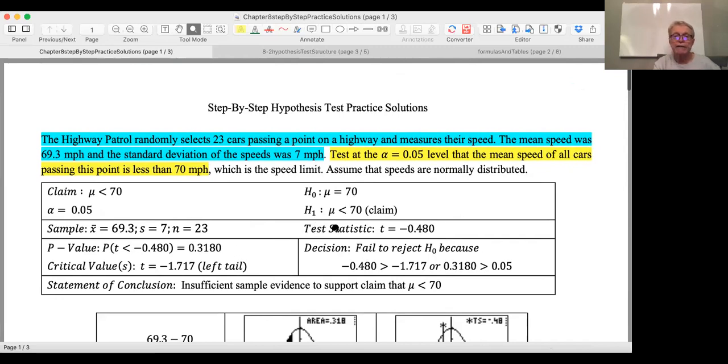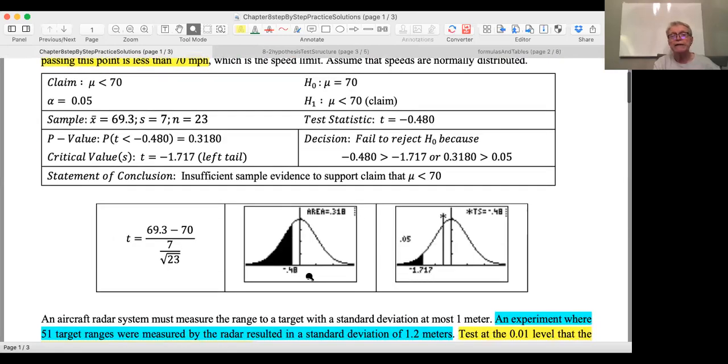We're testing the mean, so the test statistic value is t, which is negative 0.480. We would plot that underneath the curve along the test statistic values. We'll plot our negative 0.48.